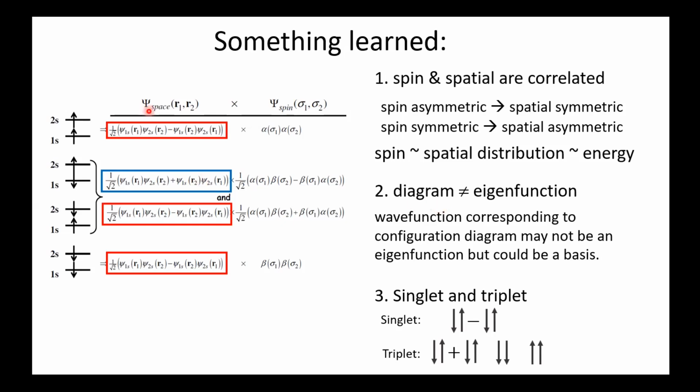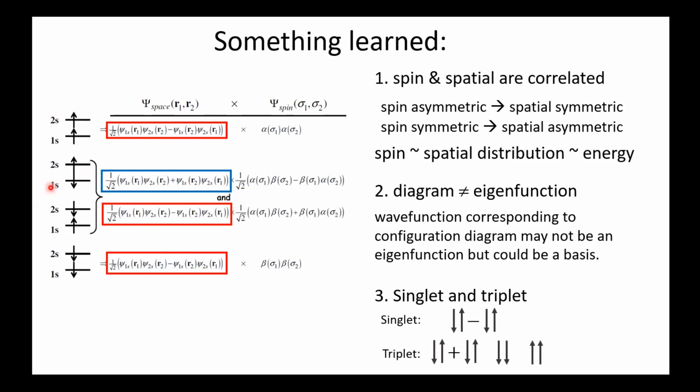Because if you look at these 3 functions, in fact, they do not have a strict correspondence to the electron configuration. In other words, for this wave function, you cannot say, oh, this corresponds to this space or to that space. No, it's actually a linear combination of these 2 configurations, right?